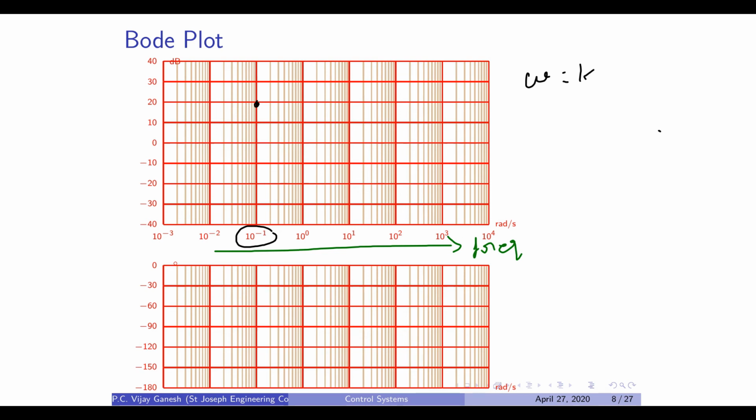We are taking k value equal to 1, so omega is equal to 1, which is 10 power 0, equal to 1.